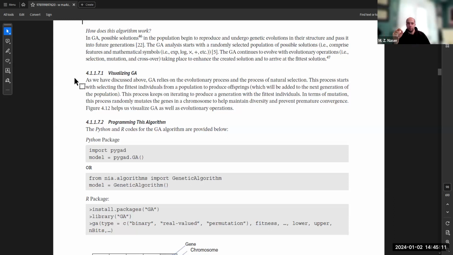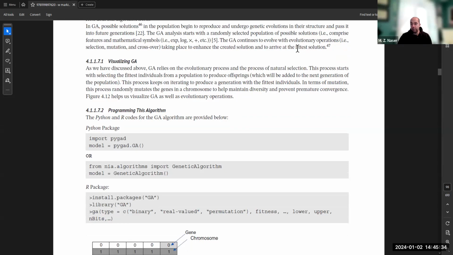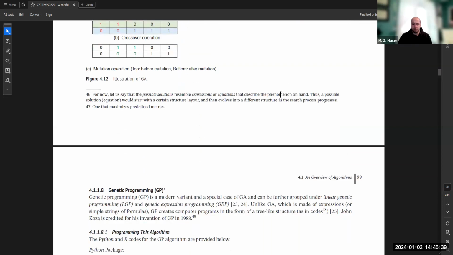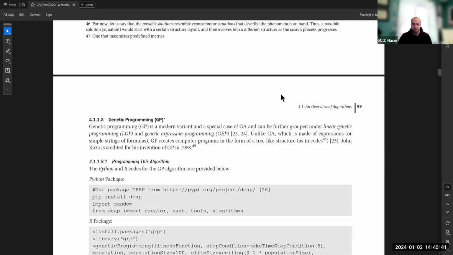In metaheuristics, you're not just looking for values for slopes, you're looking for the form itself. Is it sine plus something, or cosine over tan of something? It's no longer just the numbers, you're also looking for the form, which is very important because if you can find such a form, this could be a new equation that you haven't seen before that has the fittest solution. There is a lot of talk here about fitness and survival of the fittest.